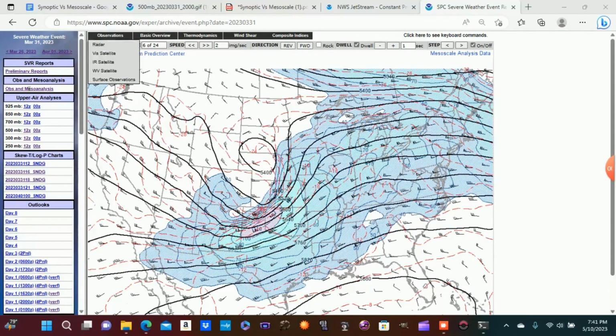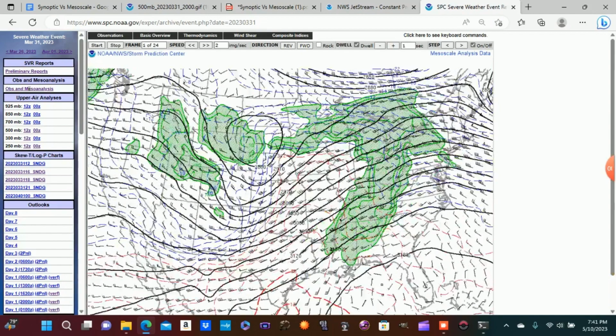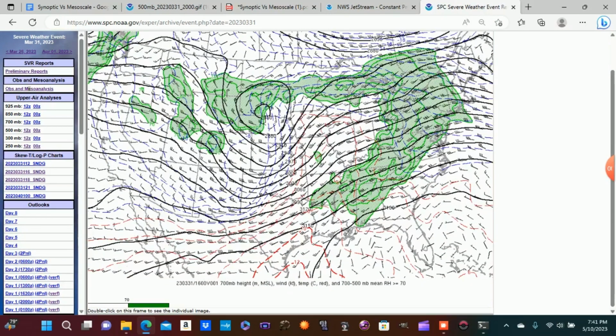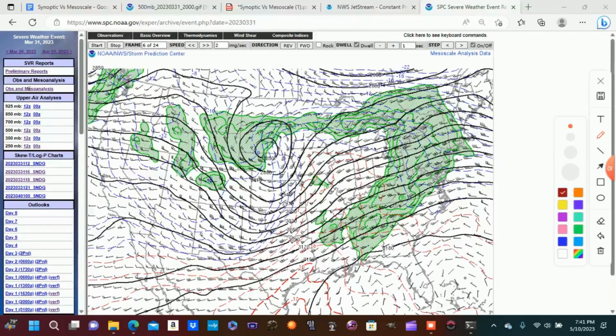And so next we're going to look at 700 millibars, and this is where we start getting into the mesoscale. So we're going to scroll up here to around noon. And we're looking for our short waves on this level. So we have our primary short wave right here down from over the high plains. And then you have a subtle short wave.